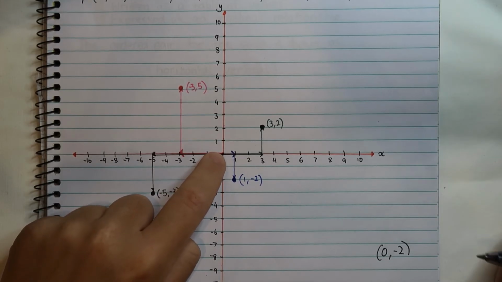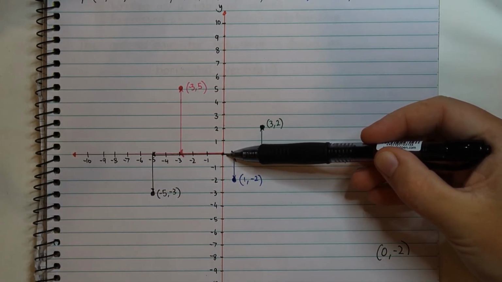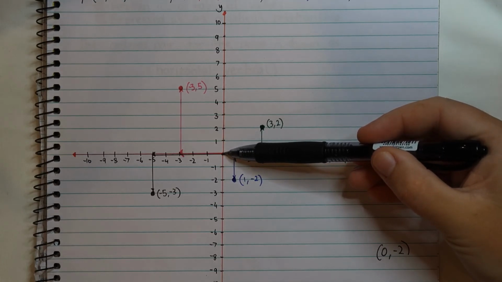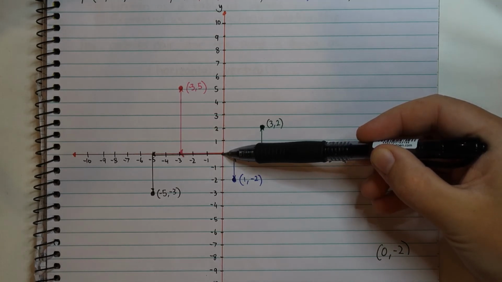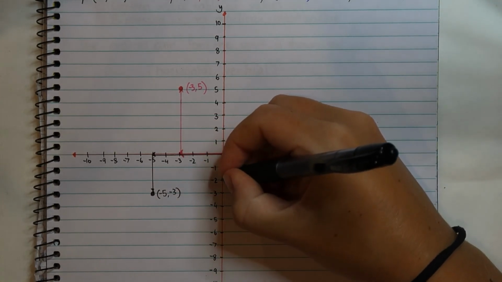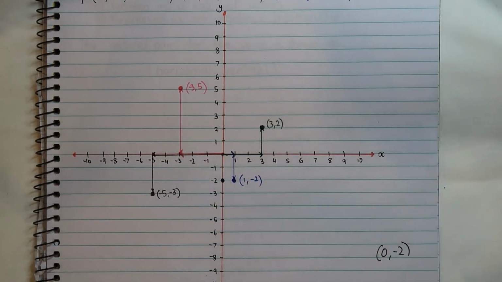So we start at the origin in here, and we're going to go to 0 on the horizontal number line. So we're not going to move, but then we're going to go to -2 on the vertical number line. So we would be going down, and that is where our point would lie.